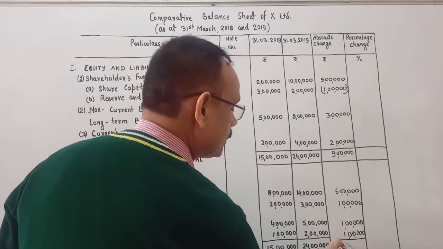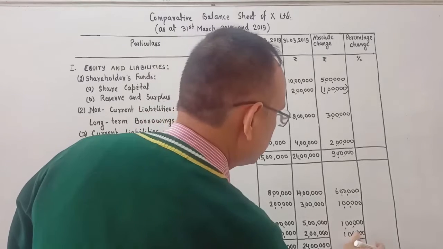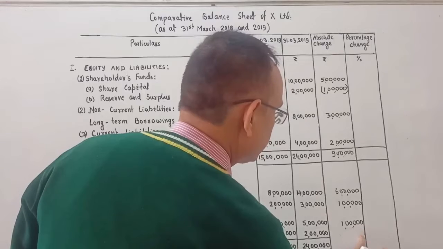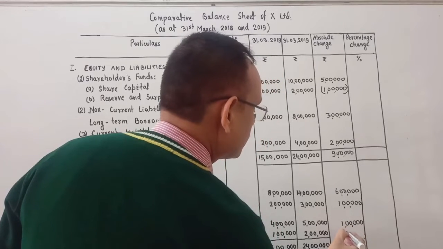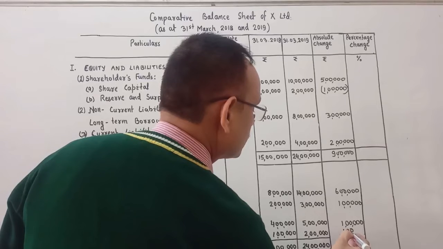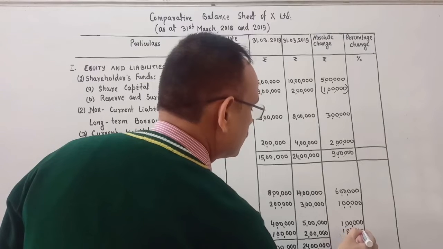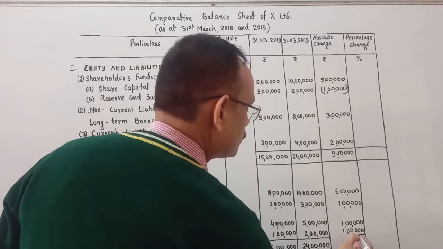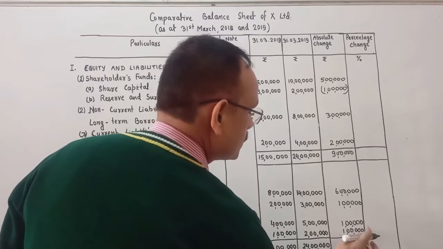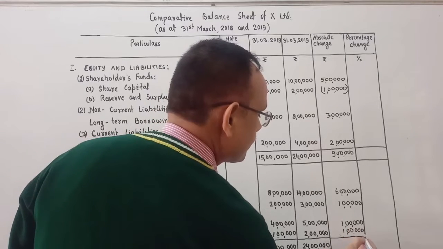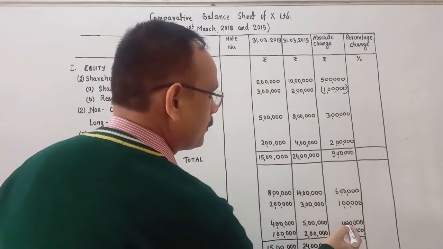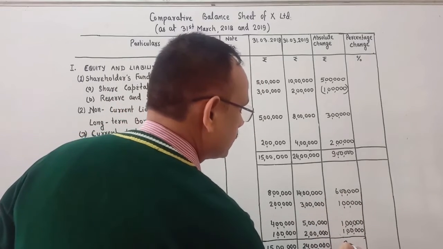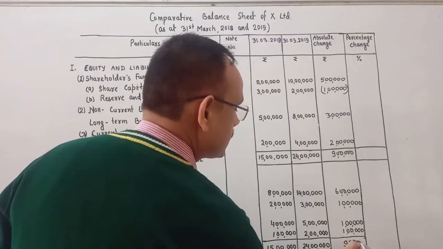Now, we will do the total. So, total is 6 plus 1 7, 1 8, 1 9. 9 lakhs is the total.